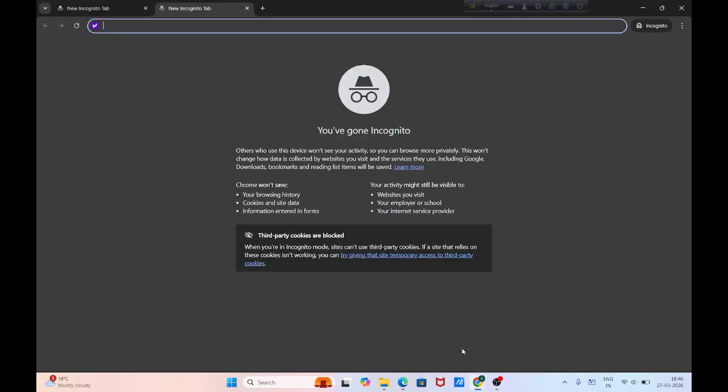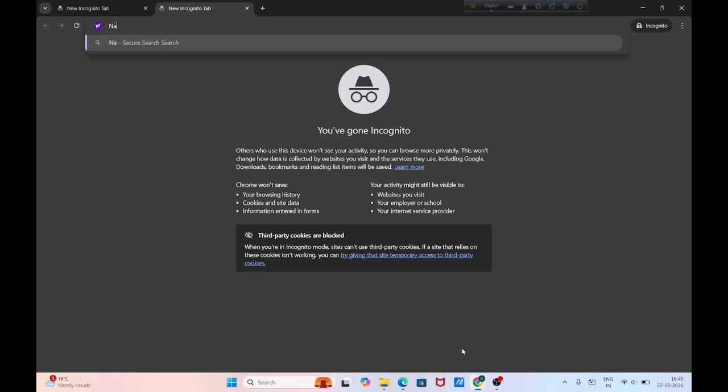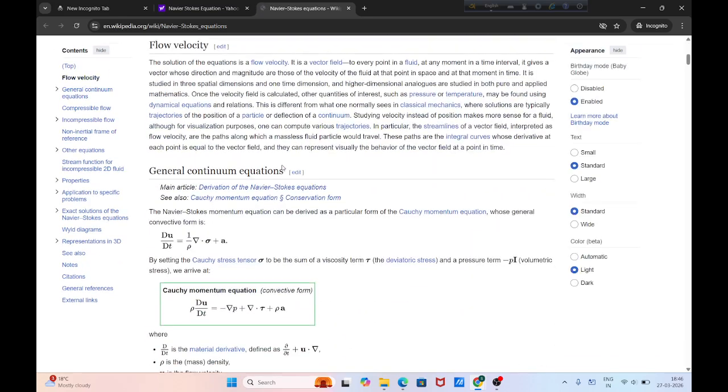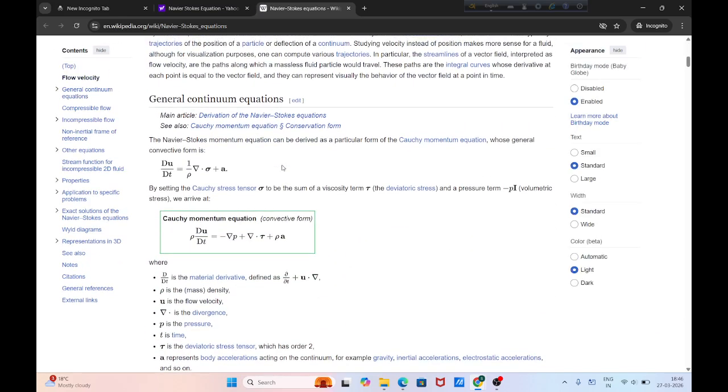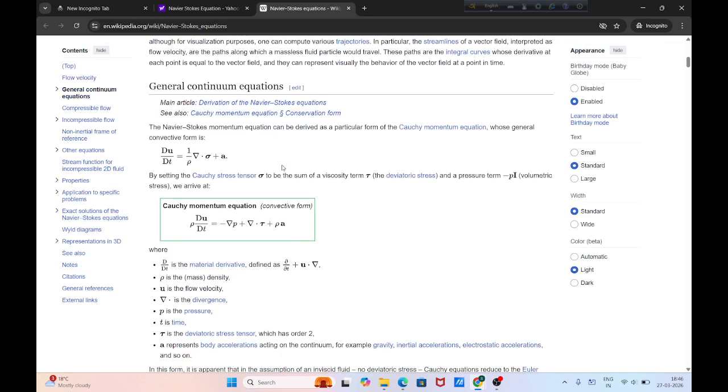I will just try to show the Navier-Stokes equation. It will be helpful. Yeah, so that is the equation.